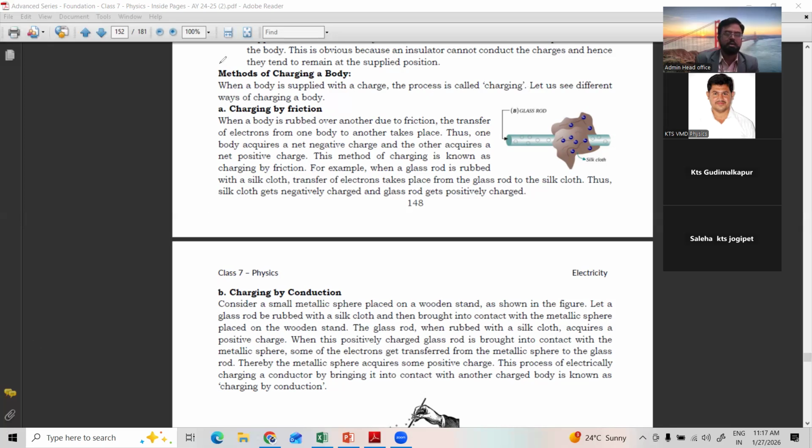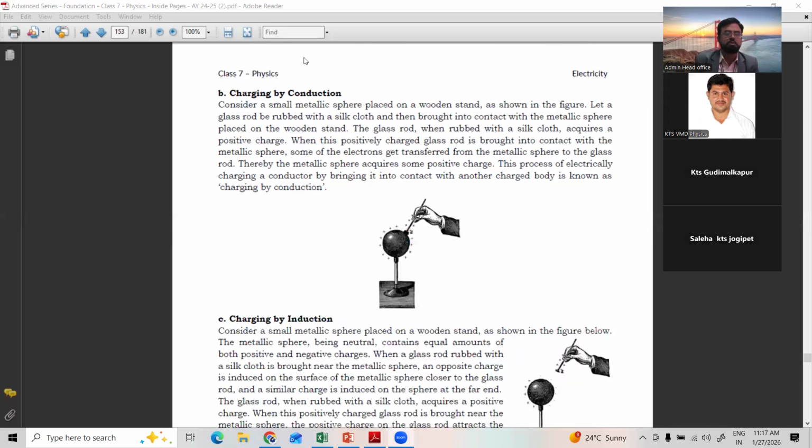Second, charging by conduction. Consider a small metallic sphere placed on a wooden stand.